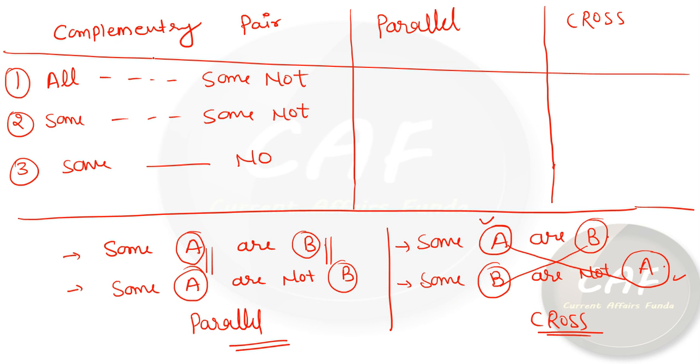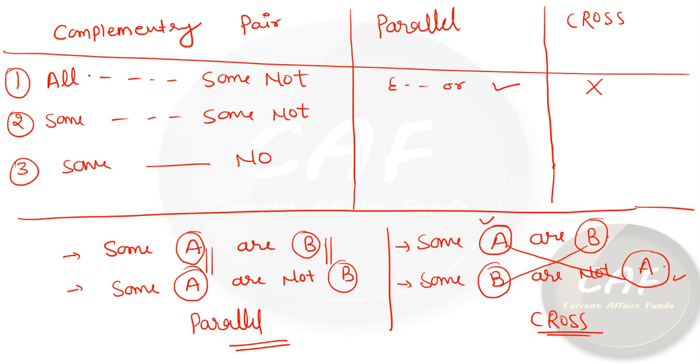Friends, if you are going to judge whether either-or will follow or not, first of all you need to check: if all with some not conclusions are given, then check whether they are parallel or cross. If they are parallel, then either-or will work, and in cross relations either-or will not work.